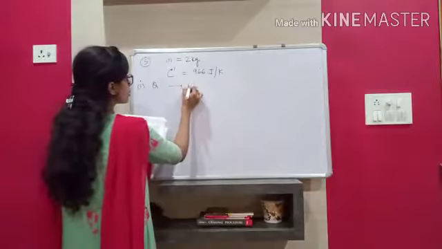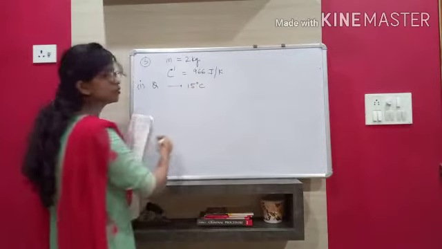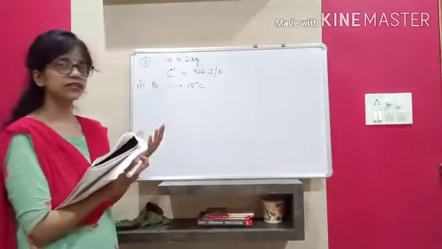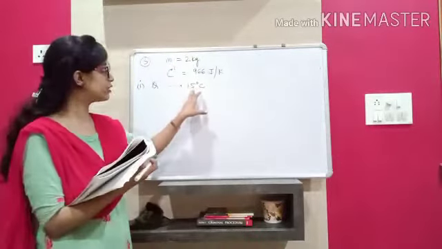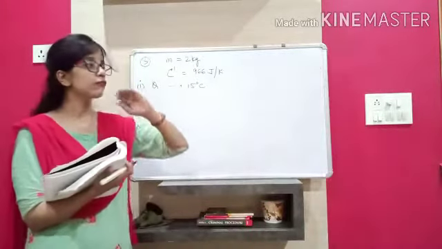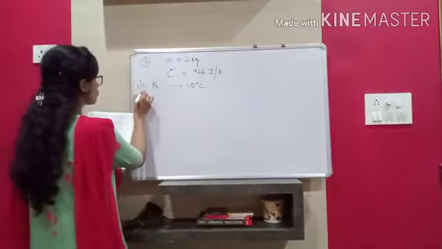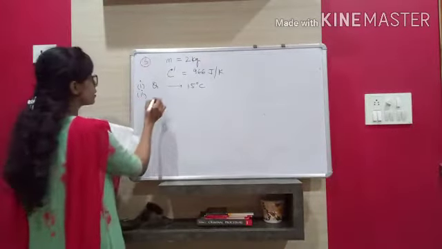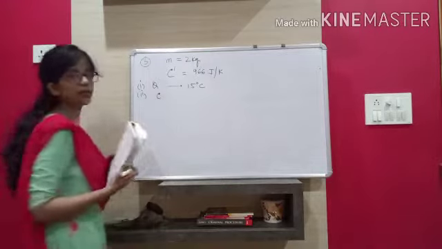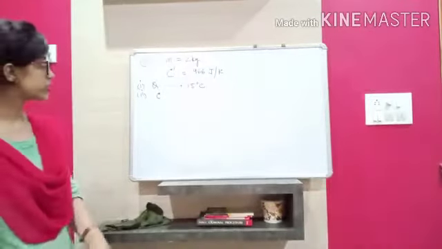How much temperature change do we want? 15 degrees. Whatever was the temperature, say 40 degrees Celsius, we have to change the temperature by 15 degrees Celsius. That means we have to make it from 40 to 55. And second, we have to calculate the specific heat capacity, which we denote by small c. This is the question we have.